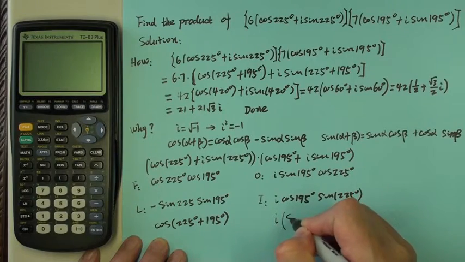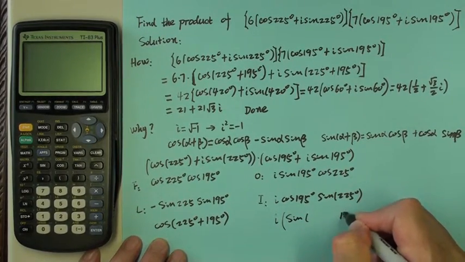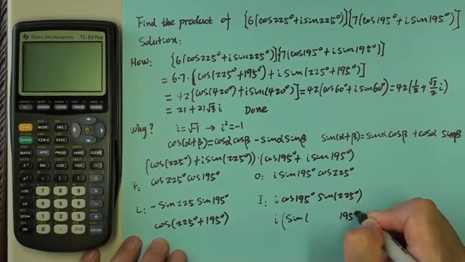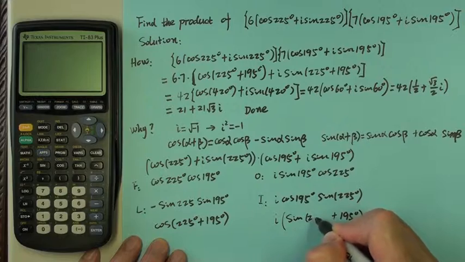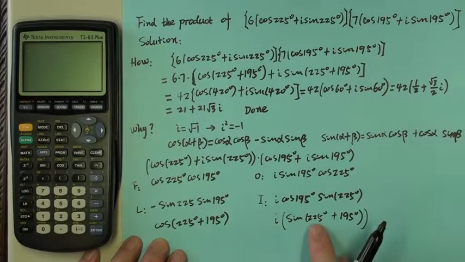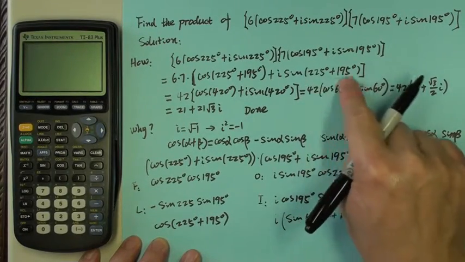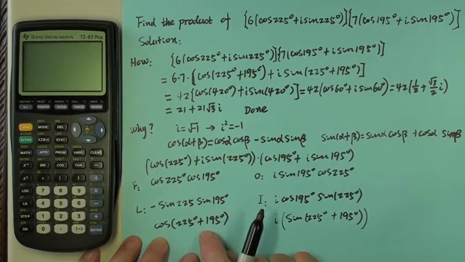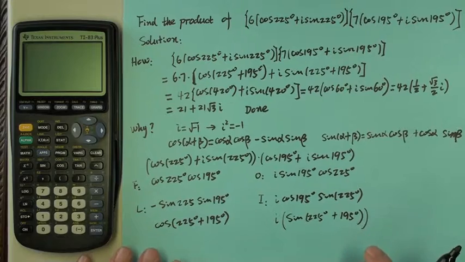So you get sine of 195 degrees plus 225 degrees. So that's why you end up with 225 plus 195 here, and 225 plus 195 here. And that's the reason.